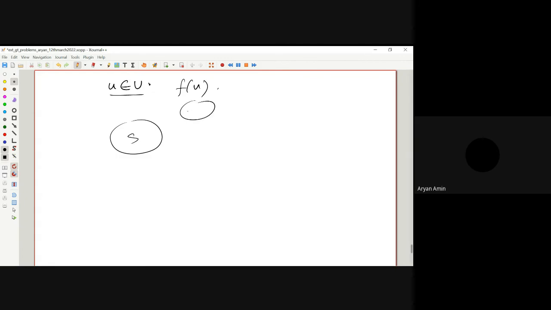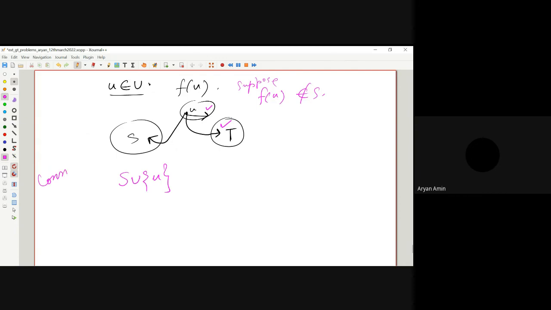Suppose u pointed to somewhere here or somewhere here, or it can point to somewhere in S. In other words, suppose f of u is not inside S. Then what you can do is inculcate u inside S, and consider S dash.